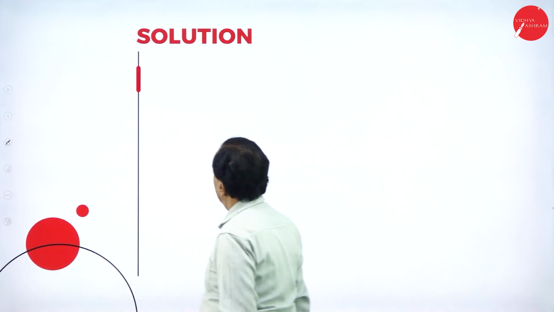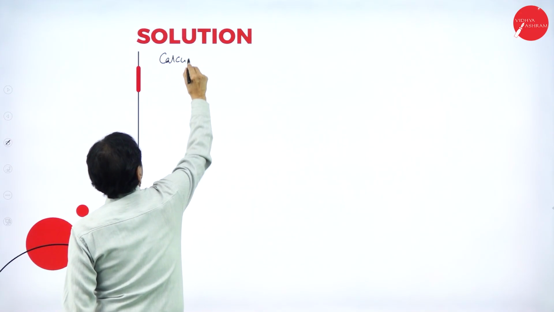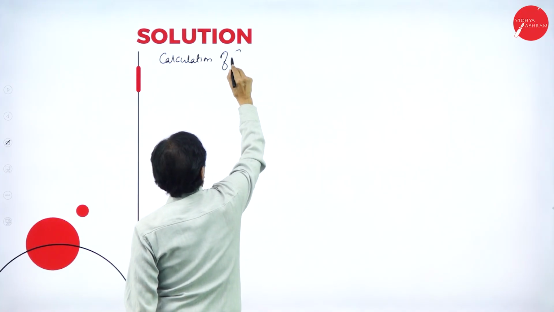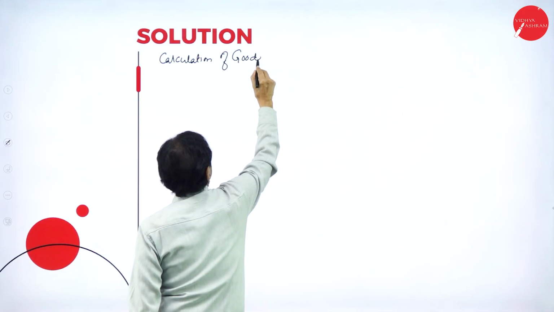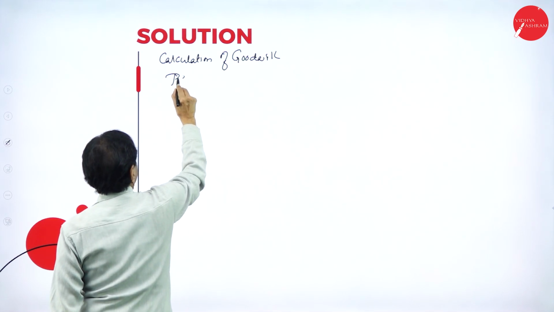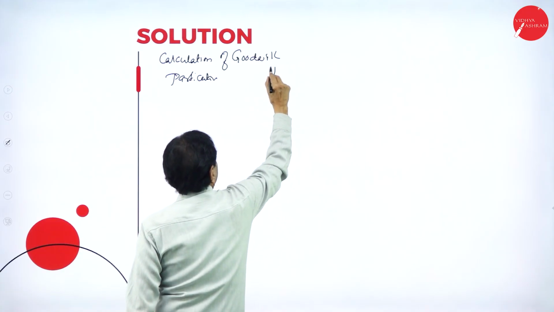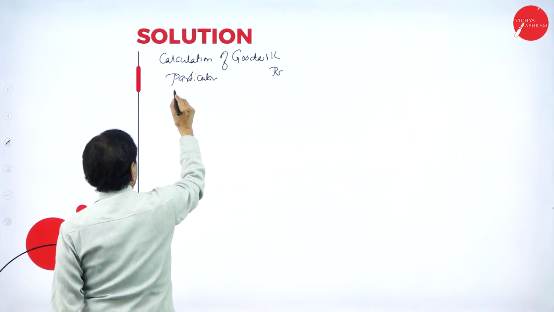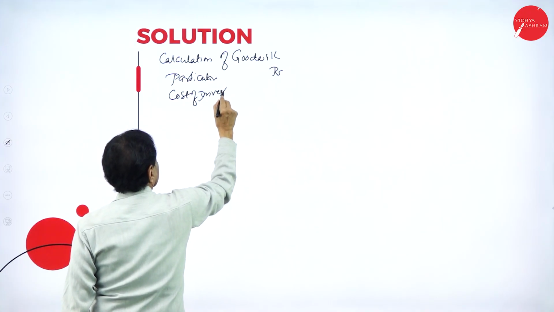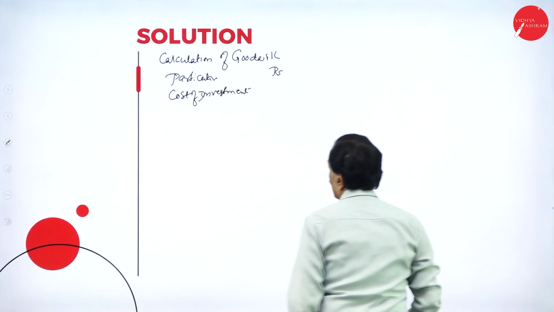Now, the second one: calculation of goodwill. Particulars, rupees. Cost of investment. How much money was paid by the holding company in order to purchase it?